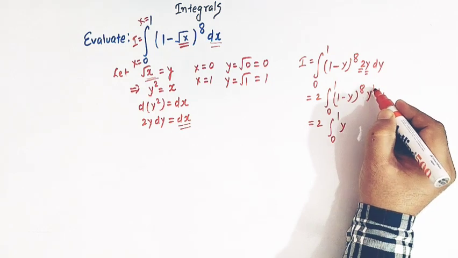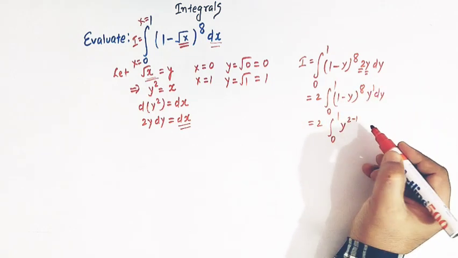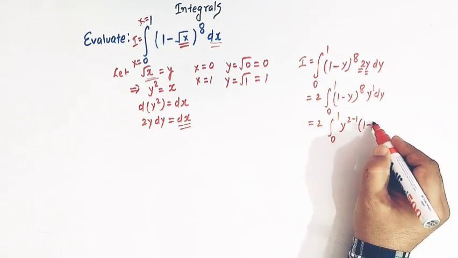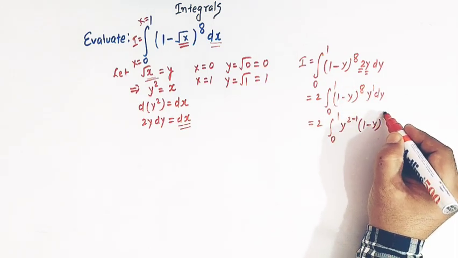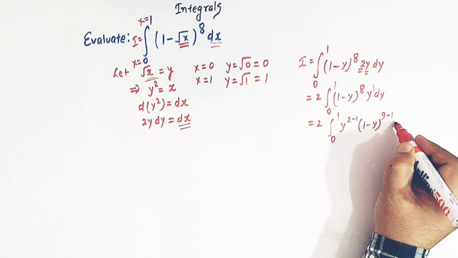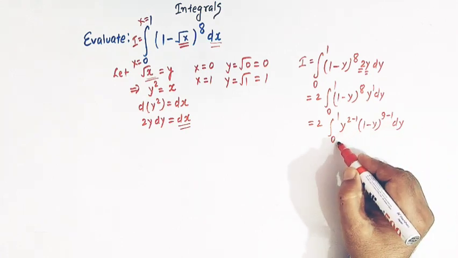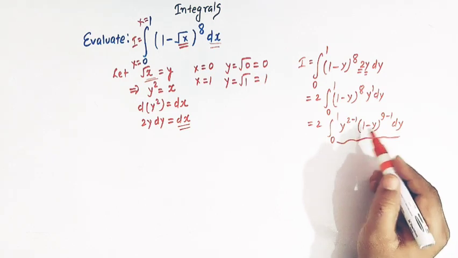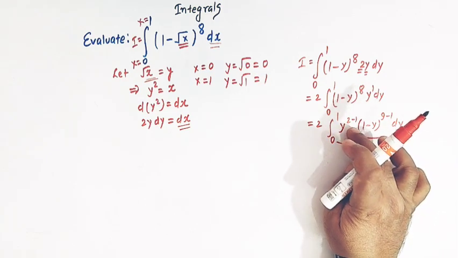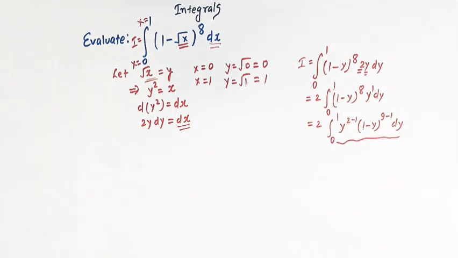So y raised to 1 can be written as y raised to 2 minus 1, and (1 minus y) raised to 8 can be written as (1 minus y) raised to 9 minus 1. We have written this integral in this form in order to convert it into a beta function.